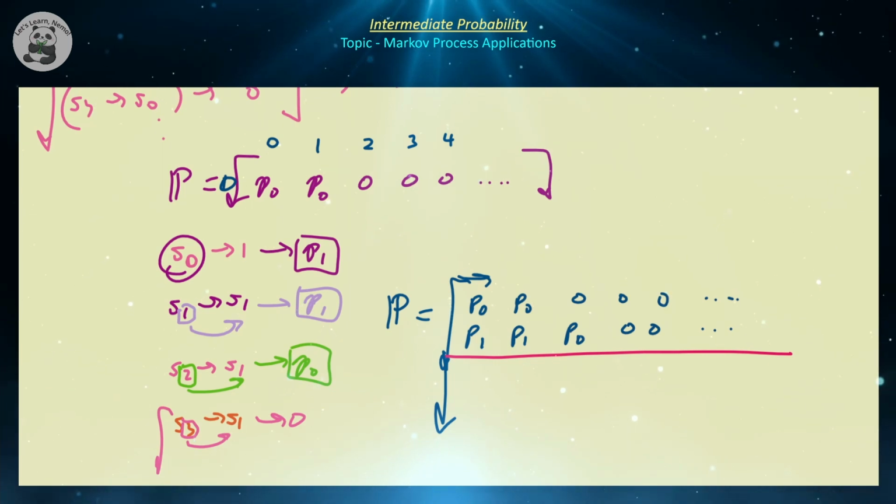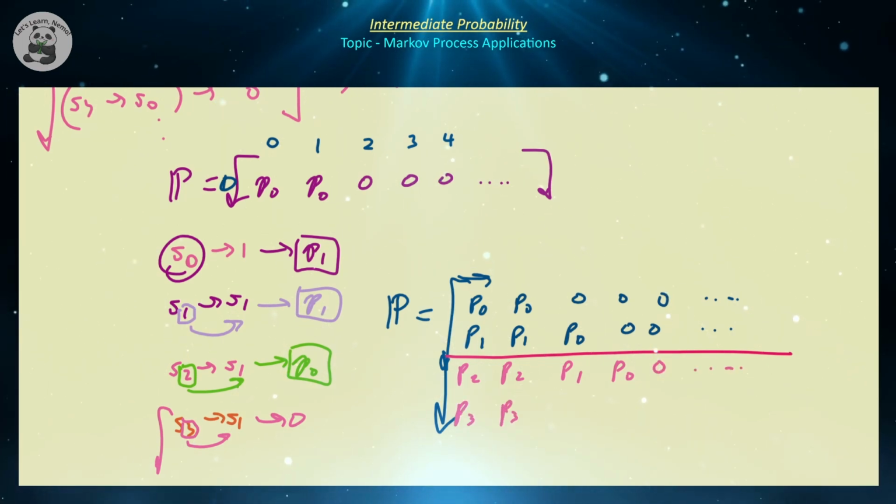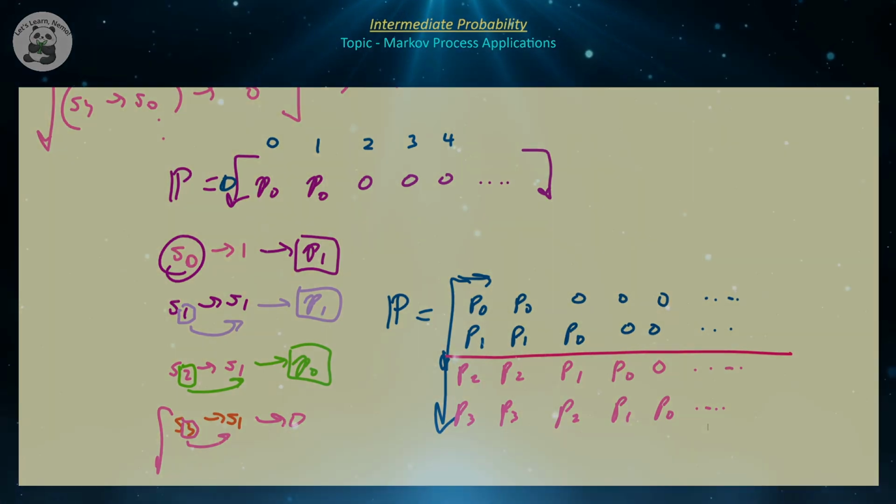On the next row, you're going to have P2, P2, P1, P0, 0. The next you're going to have P3, P3, and then decreasing one by one, P2, P1, P0, and so on. The next row would be P4, P4, P3, P2, P1, P0, and zeros everywhere else. That would be what your stochastic matrix would look like for a discrete time queuing process, provided that you can only serve 1 person at a time.